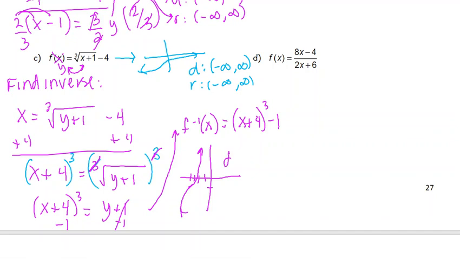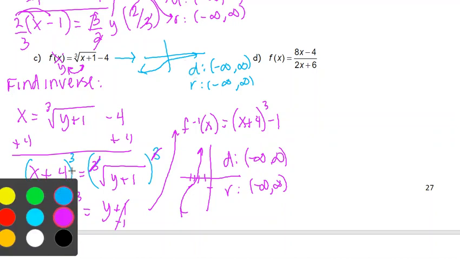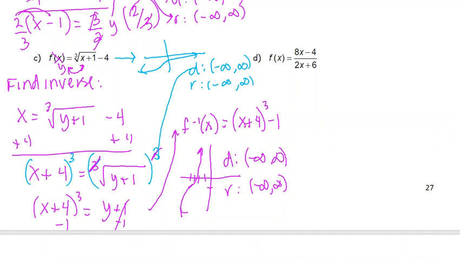But the domain of the inverse is negative infinity to infinity, and the range of the inverse is also negative infinity to infinity. Again, hard to see what's happening, but what's actually happening is the domain of this one becomes the range of the inverse. The range of the original becomes the domain of the inverse.